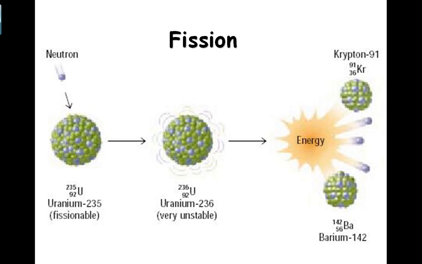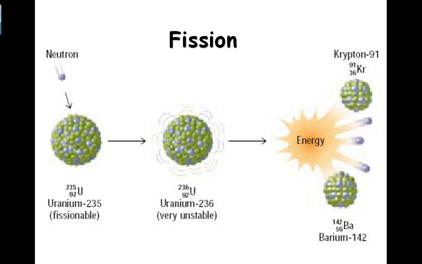Now, the process of fission is bombarding, as you see in the slide, usually an unstable radioactive isotope with a neutron, and then causing it to form an even more unstable isotope. And in the process, when that unstable isotope then splits into multiple atoms, you get a tremendous burst of energy.